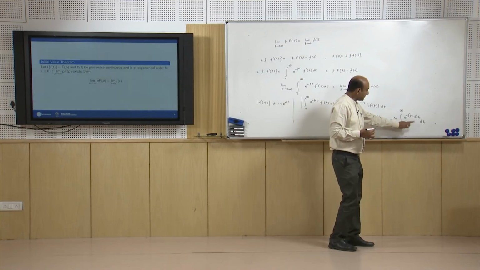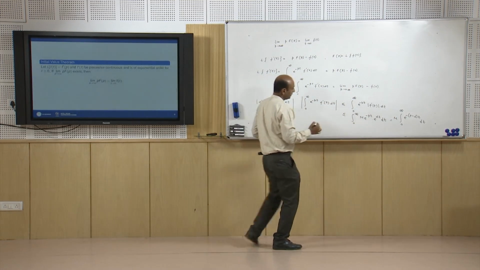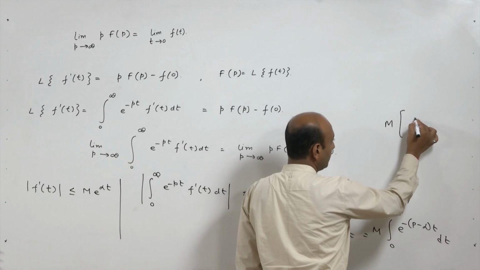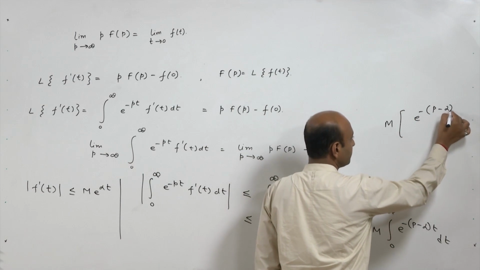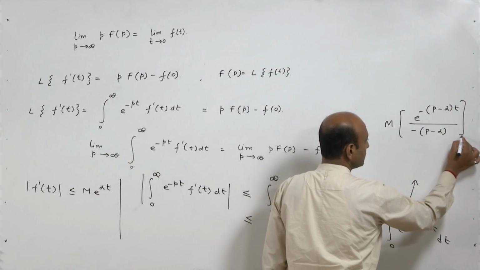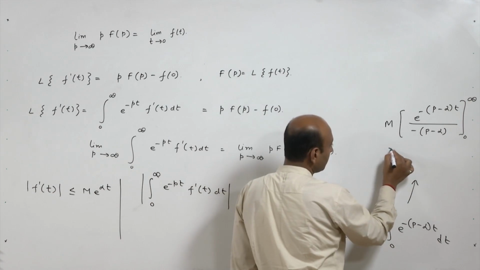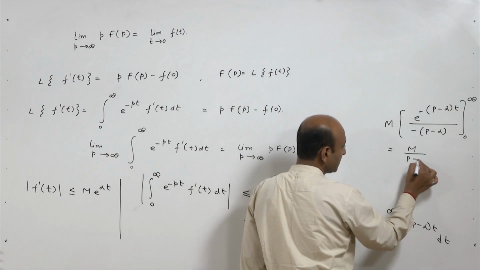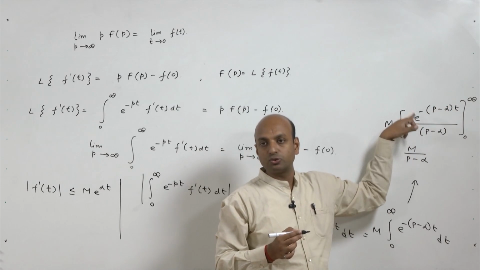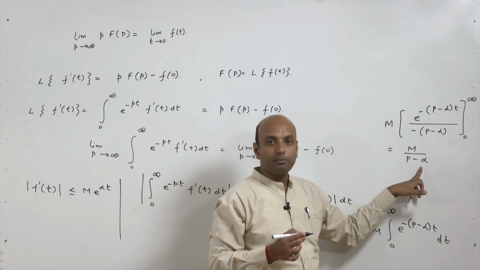So, this integral is M times e to the power minus (p minus alpha) t upon minus (p minus alpha), from 0 to infinity. When p is greater than alpha and t tends to infinity, this tends to 0, and at 0 this is 1. So, this is nothing but M upon p minus alpha.